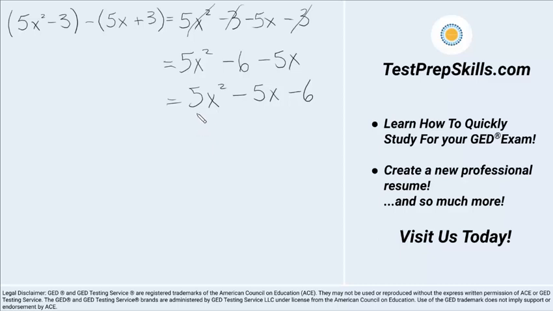And the way we do things in math is we like things ordered, okay? So this way, the way I rearranged that, that's the way we like to see this kind of answer written, okay? But they do mean the exact same thing, and they are both correct. So our final answer is 5x squared minus 5x minus 6.